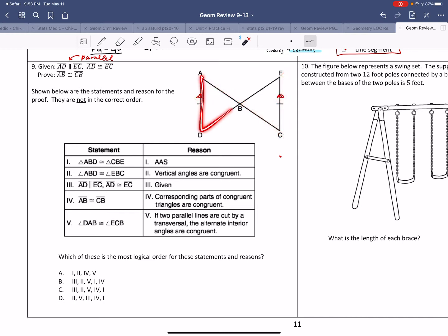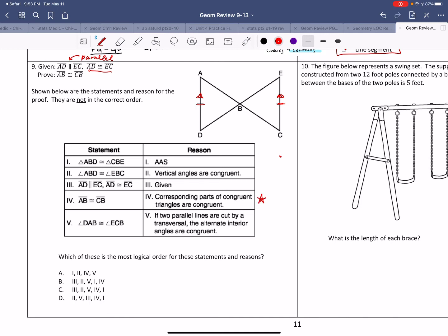We would also see this Z, and we could say these angles are going to be equal. So let's see how this plays out. They also told us this side, AD and EC, are equal, so that's given. And they're wanting us to prove that these two are equal. Okay, so this is going to be corresponding parts of congruent triangles.